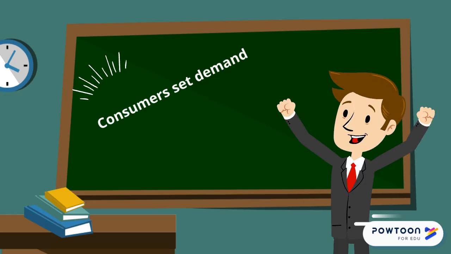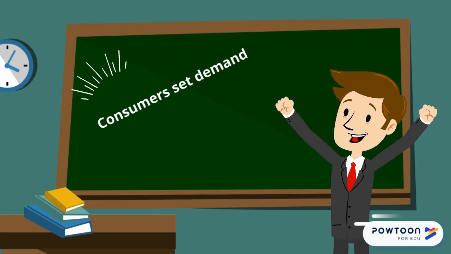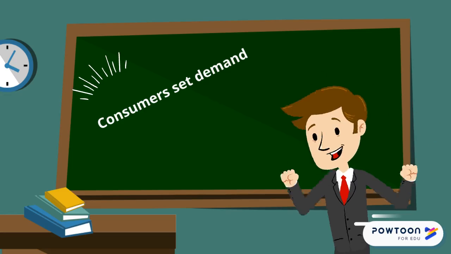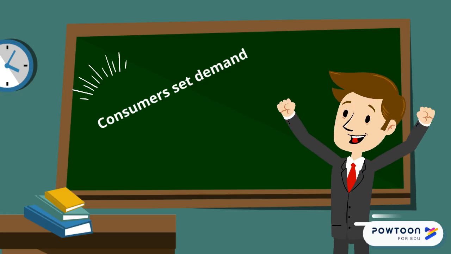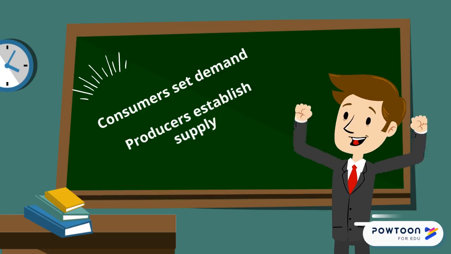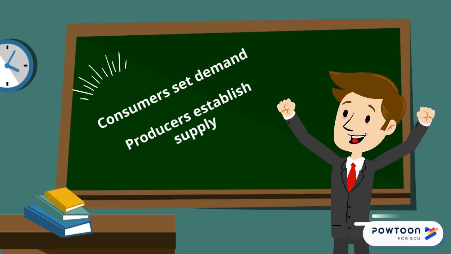When consumers make decisions about what they will purchase, they determine the demand for goods and services. Demand is the quantity of a good or service that customers are willing and able to buy. Understanding consumer demand helps businesses to determine what types and quantities of products to supply. Supply is the quantity of a good or service that businesses are willing and able to provide.